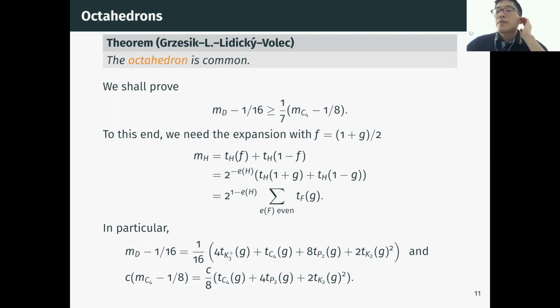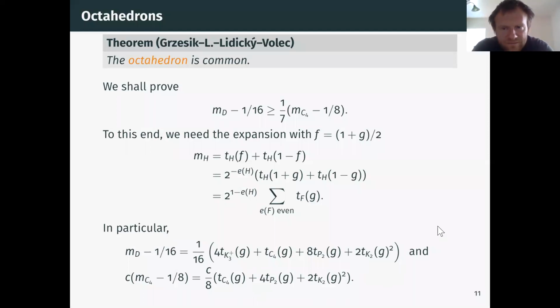So you have 4 copies of these in your diamond, 1 copy of the four-cycle, 8 copies of paths of length 2, and 2 copies of matchings, the two-edge matchings. You could do the same with the four-cycle, which is actually simpler. There's 1 copy of the four-cycle, which is an even subgraph of itself, 4 copies of paths of length 2, and 2 matchings.